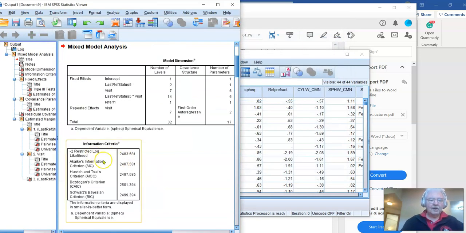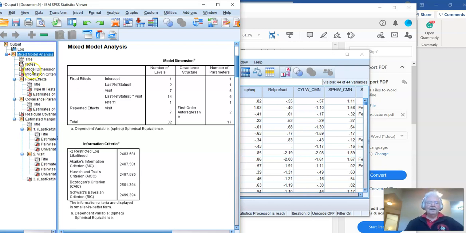Now here is our AIC, 2487. Now really this number by itself doesn't mean all that much, but before we do that, let's look up here and see in this block if it says warnings. If there is a little title here that says warnings, we don't want to proceed. We've most likely selected a covariance structure that doesn't work.